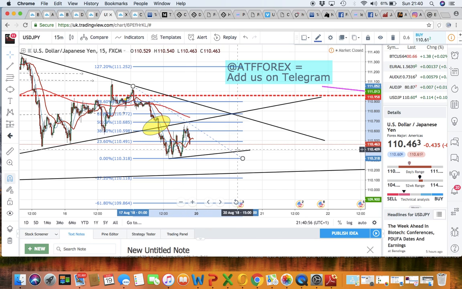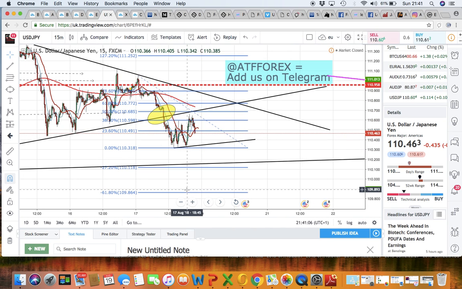Where we should be looking at is first target 110 at our minus 27.20 fib and our negative 61.8 to complete this A, B, C, D pattern.